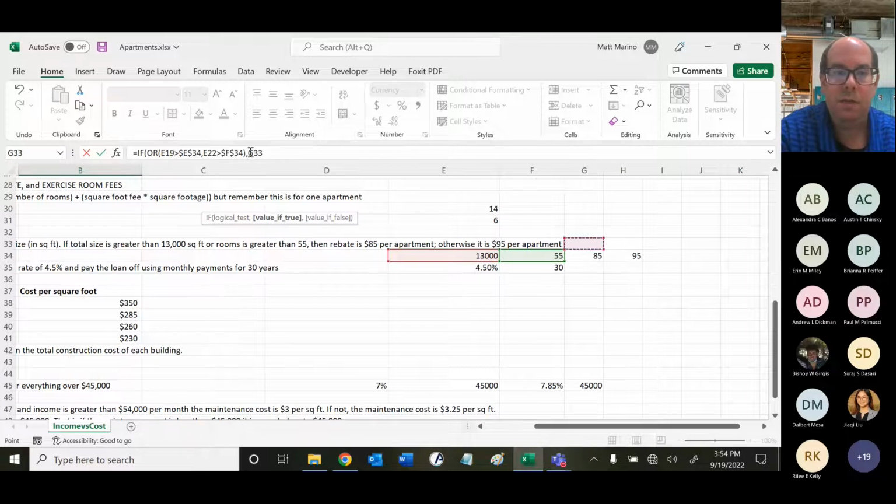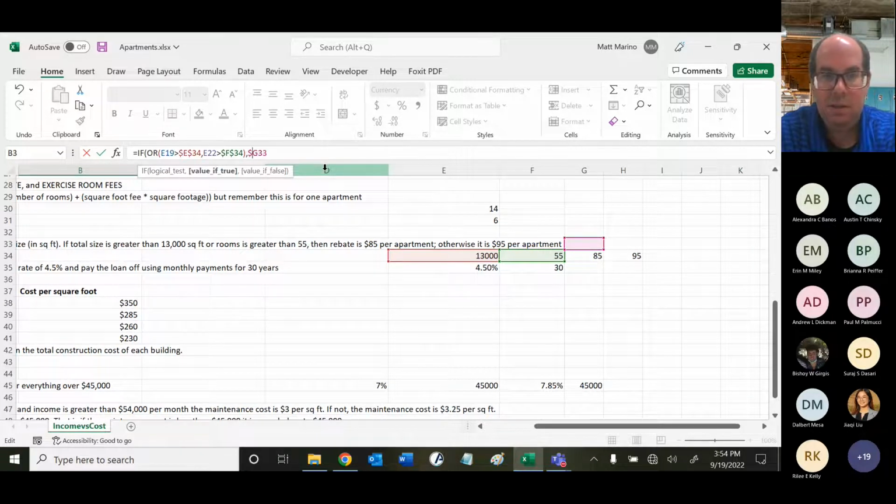If true, then we do the absolute of G33. If false, no, G34, I'm sorry. And if false, we do the absolute of H34.